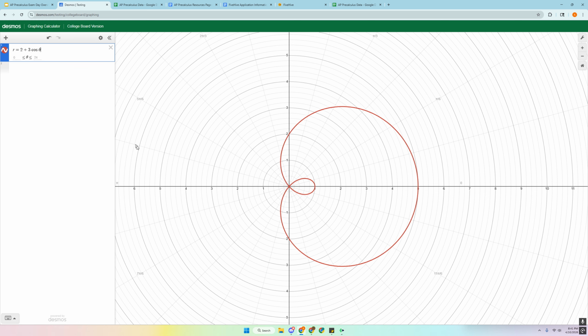Oh, that's an inner loop. Yeah, that's a loop. It's a limaçon. So if you want an inner loop limaçon, you could do this. So you can make stuff on here using the polar graphs.